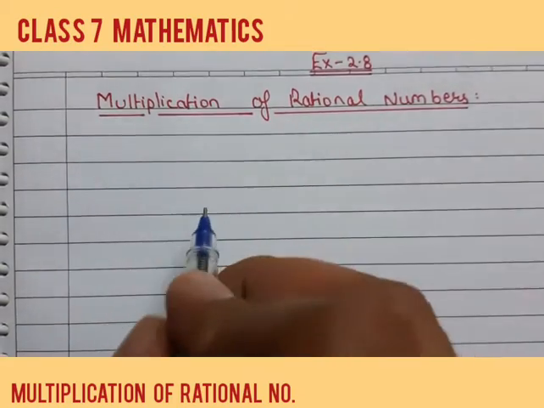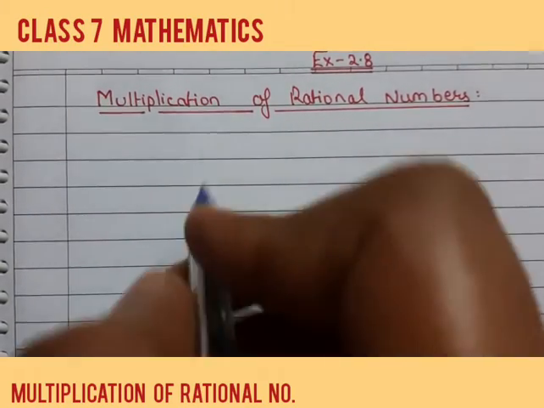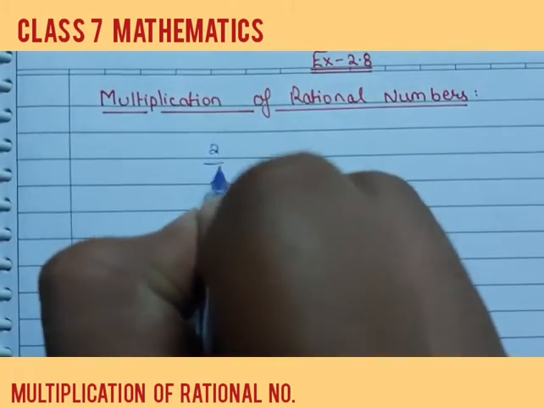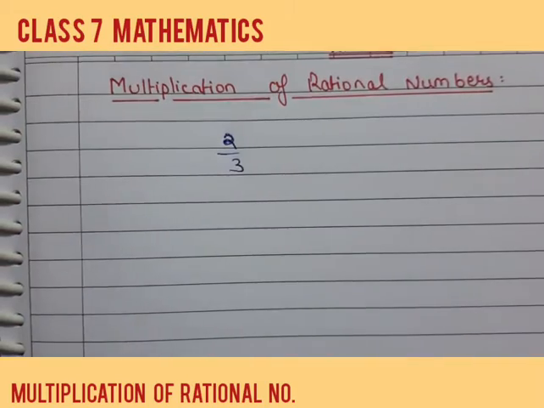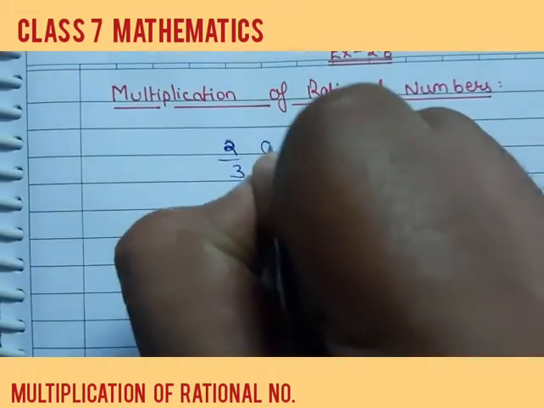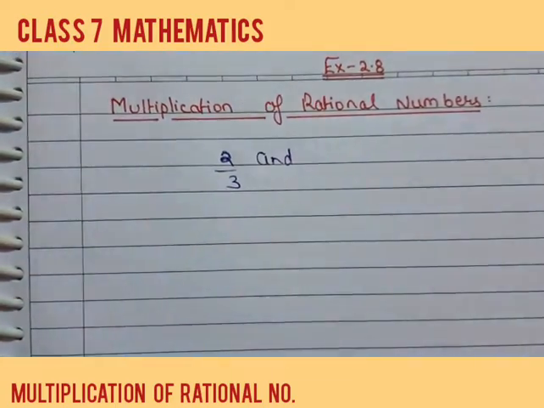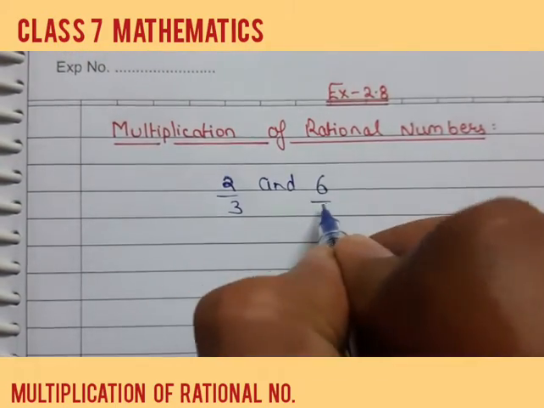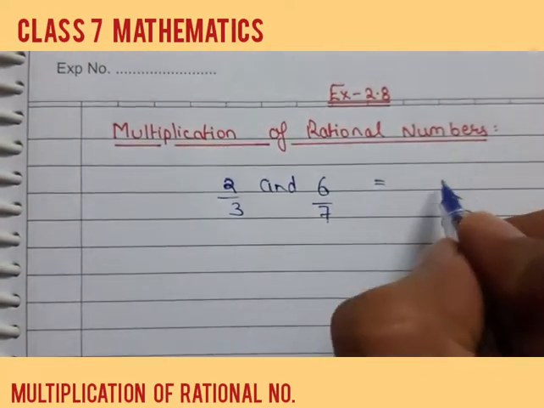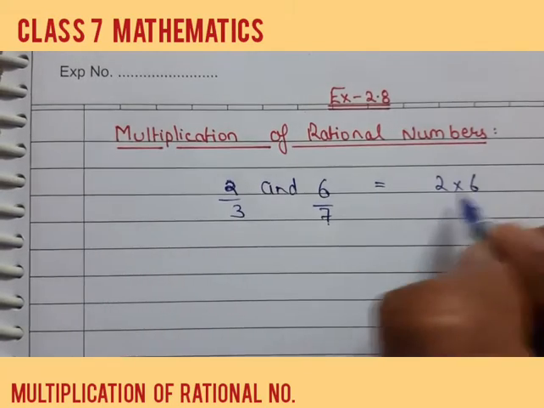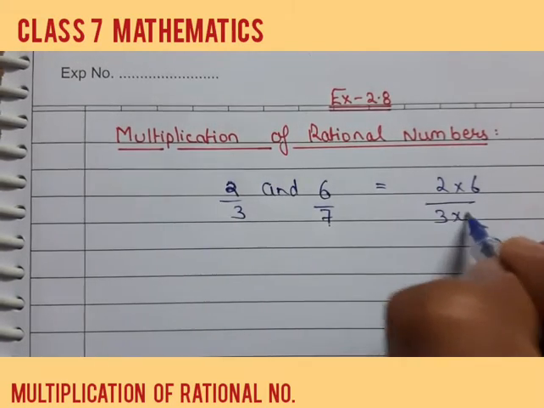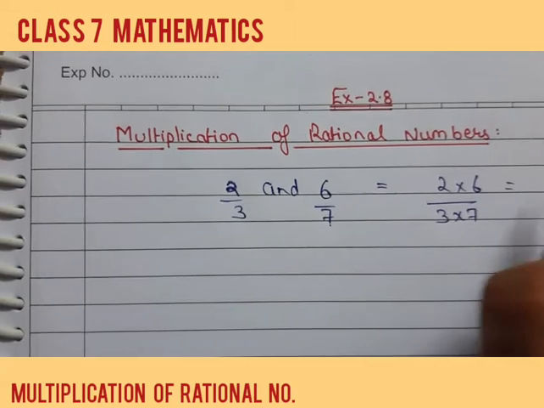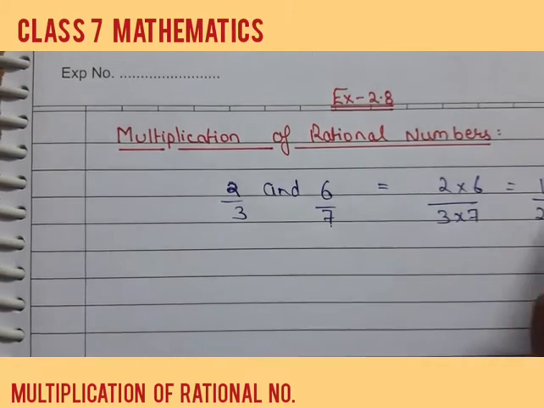For example, the product of two rational numbers like 2 upon 3 and 6 upon 7 will be what? 2 into 6 upon 3 into 7, that is 12 upon 21.